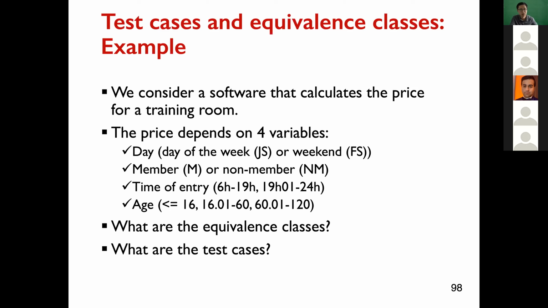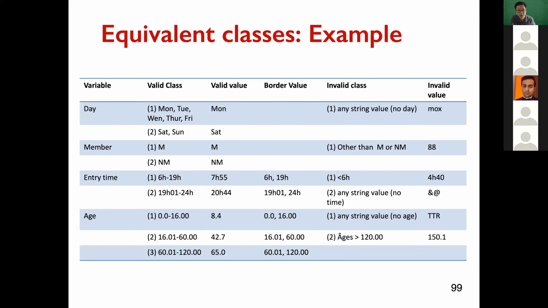So what are the equivalence classes? What are the test cases? We consider equivalence classes for each input variable. Okay, let's look at what the equivalence classes are. For the day variable, first, what are the valid equivalence classes? The first one is Monday to Friday, right?